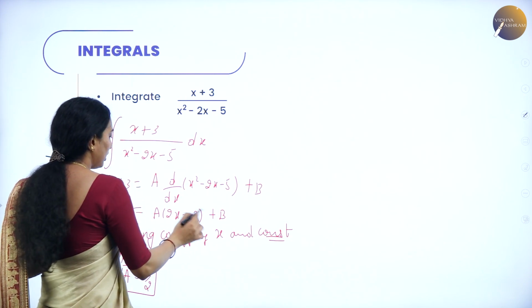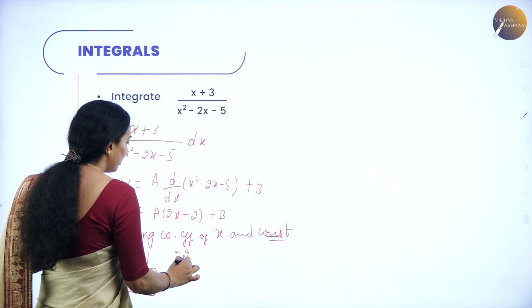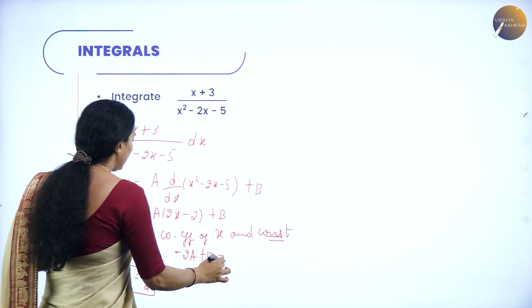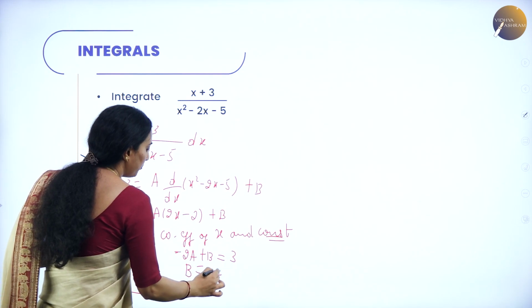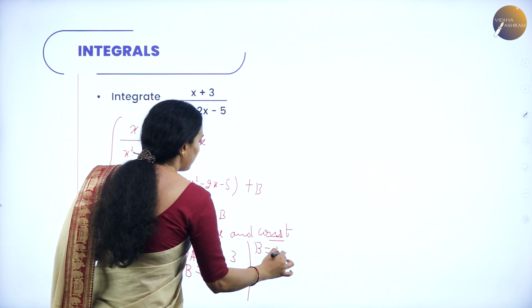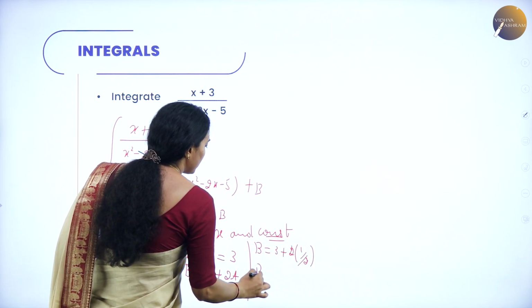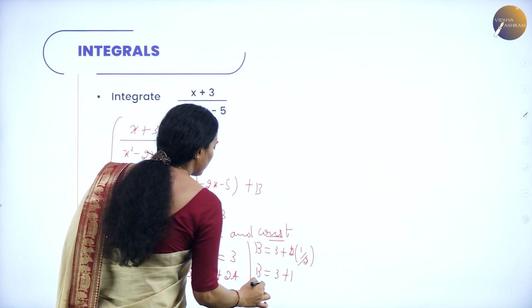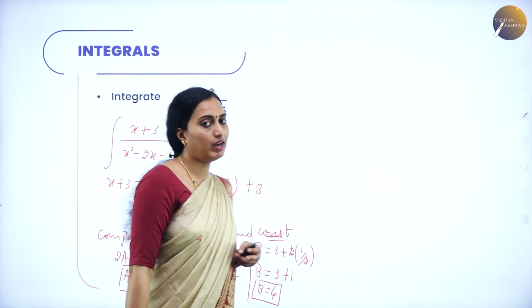Now the b value is found by comparing the constant: a into minus 2, that is minus 2a plus b, is equal to 3. Now we know the value of a, so b is equal to 3 plus 2a, which will become 3 plus 2 into 1 by 2. The 2s will get cancelled, so b is equal to 3 plus 1. So b is equal to 4, which is the value.